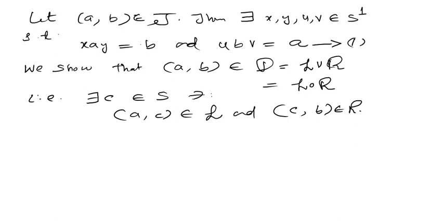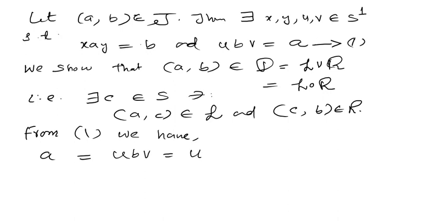So from 1 we have a equal to u b v. What's b? b is equal to x a y, so a is u x a y v.